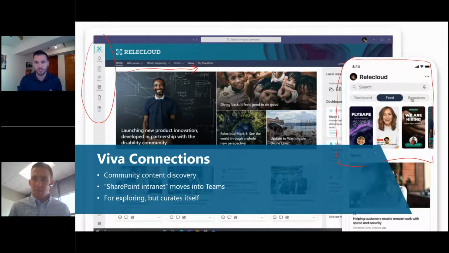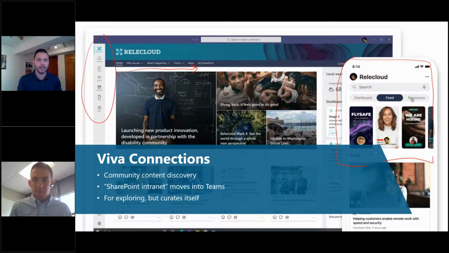So not only just top news and being able to push that and boost that to the top from an organizational perspective, but also being able to audience that through AD groups, and being able to take advantage of the technology that we already have today, but curating that and pushing that in a different way through Viva Connections, in the sense that it's no longer something that we really have to do manually. It's being pulled together through Viva Connections, and curated on a per person basis.